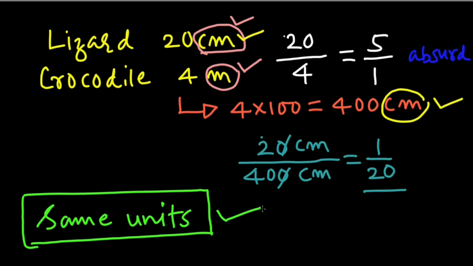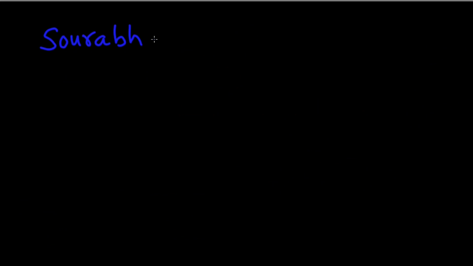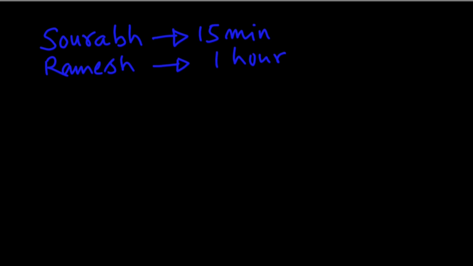Remember this. Saurabh takes 15 minutes to reach the school and Ramesh takes 1 hour to reach the school from their house. If you want to take the ratio of the time taken by Saurabh and Ramesh to reach the school from their house, we first have to focus our attention on the units in which the time has been measured.